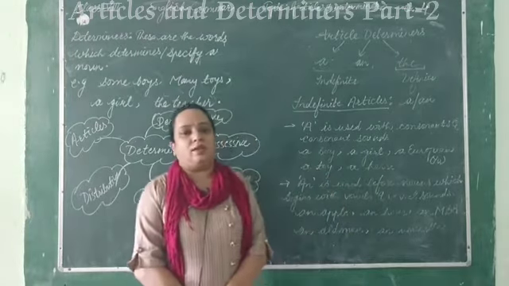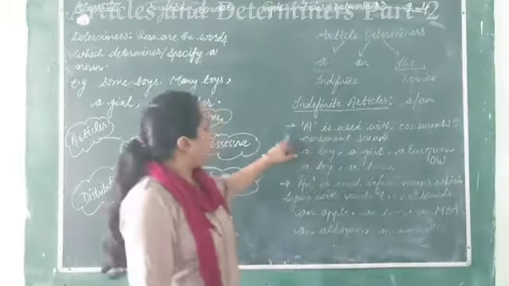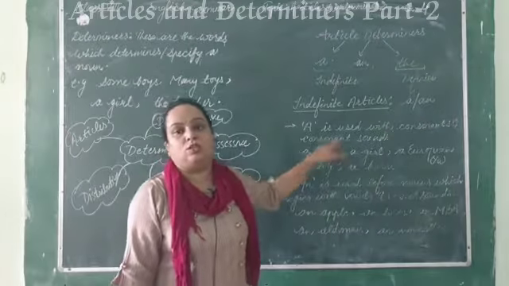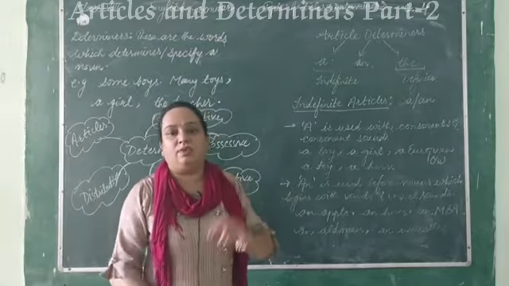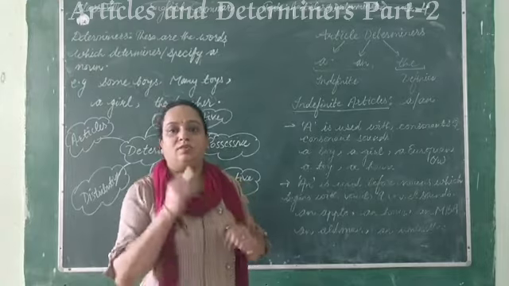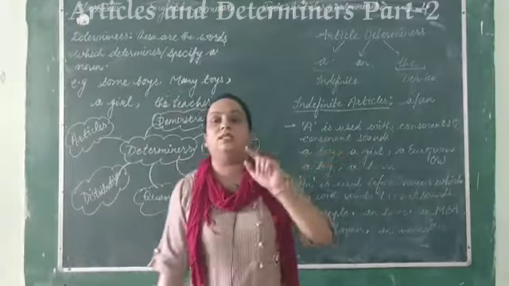Indefinite articles are a and an only. A is used with consonants and consonant sounds. Here we have to keep both things in mind: the word which has a consonant letter, and the word which gives a consonant sound.